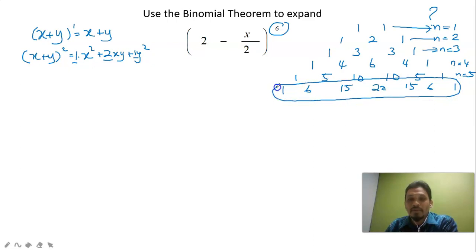For this expansion of 2 minus x over 2 to the power of 6, these are all the coefficients that we're going to use.